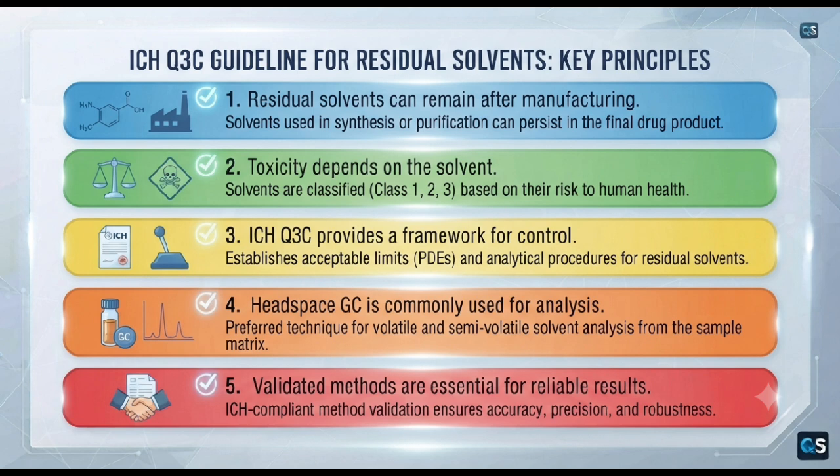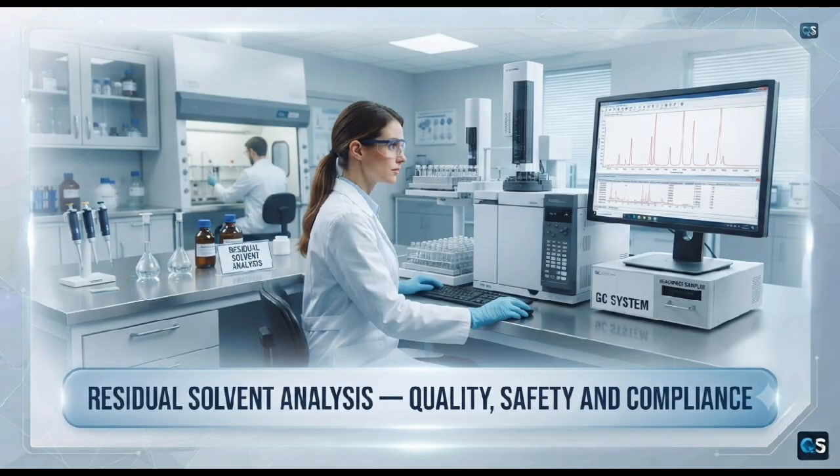Headspace gas chromatography or GC-HS is widely used because it is well suited for volatile compounds. Finally, reliable residual solvent testing depends on a suitable validated analytical method, appropriate system suitability, accurate calculations, and proper documentation.